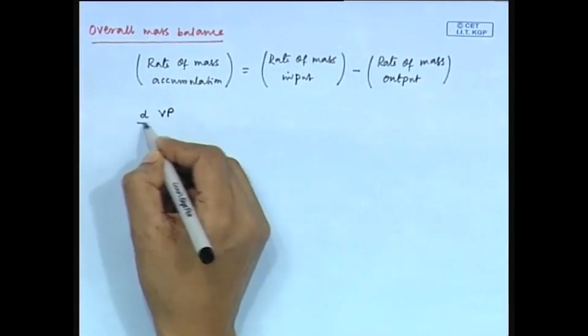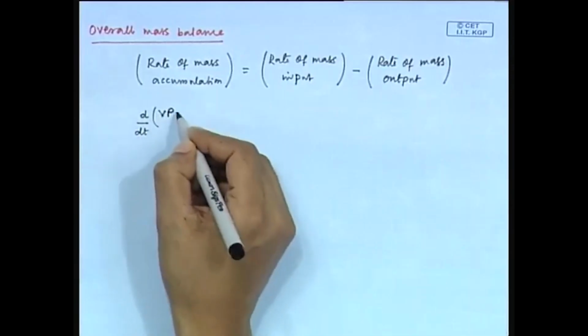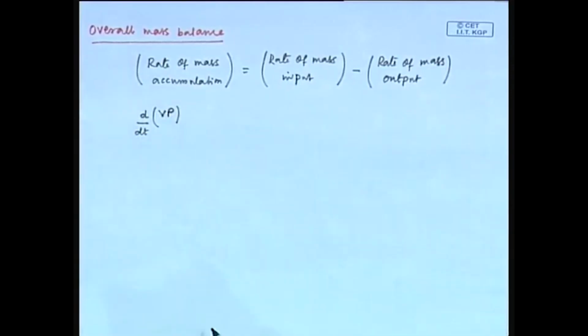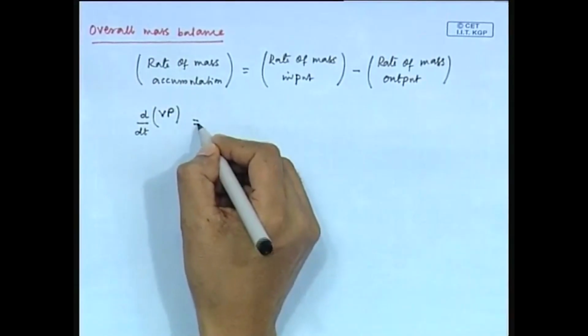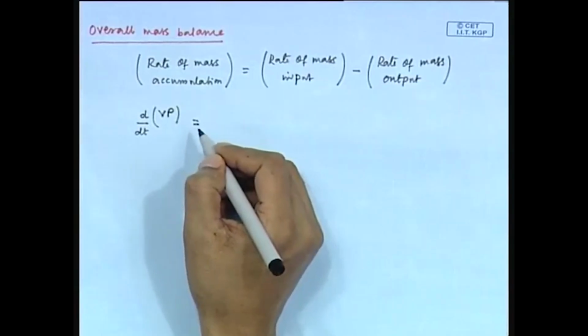Now, the differentiation of this is the mass flow rate, fine, d/dt of V rho, that is the rate of mass accumulation.